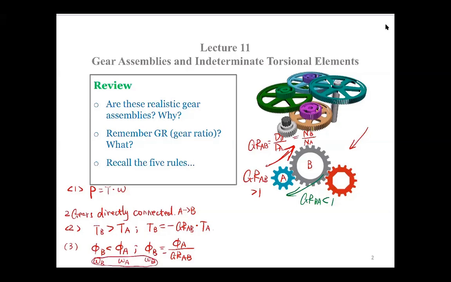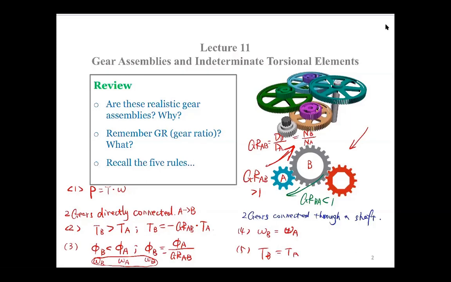Then if two gears are connected through a shaft, we have rule number 4, such that omega B equals omega A, and rule number 5: TB equals TA.